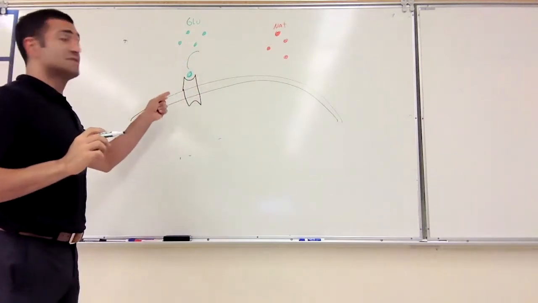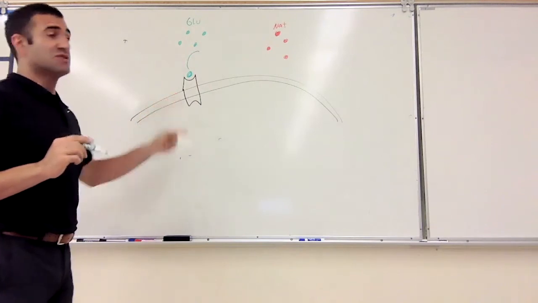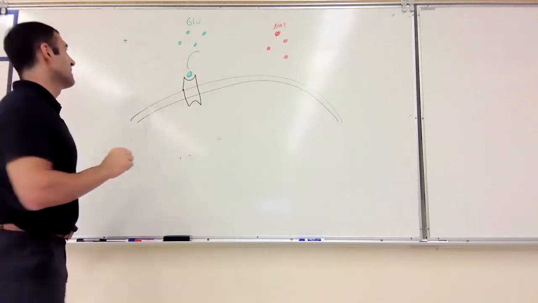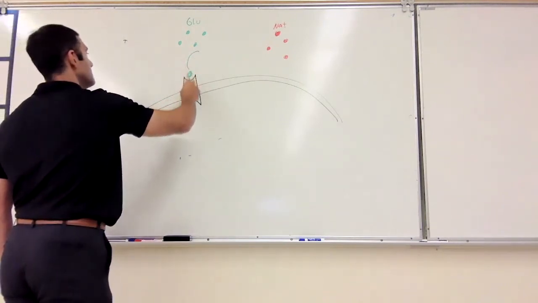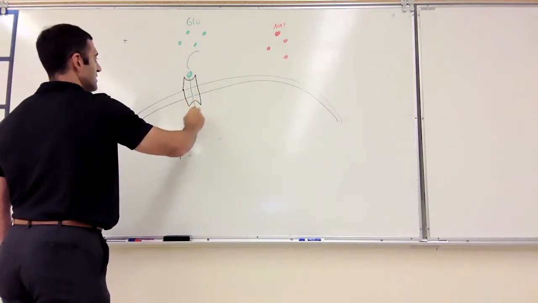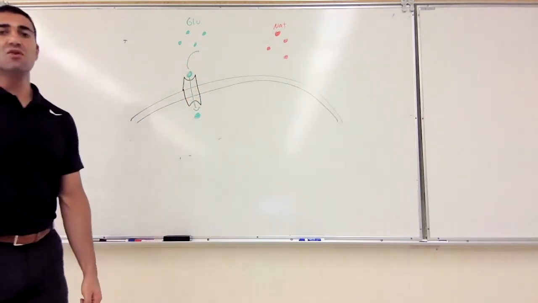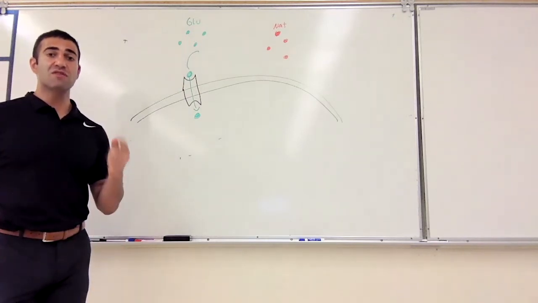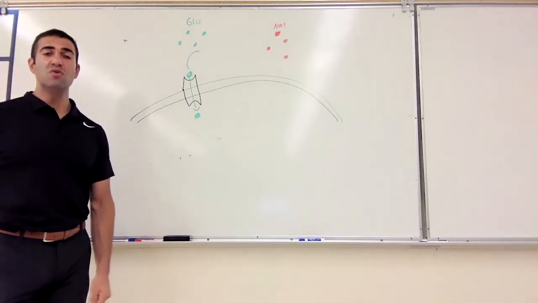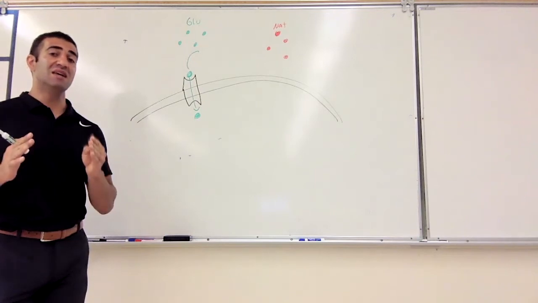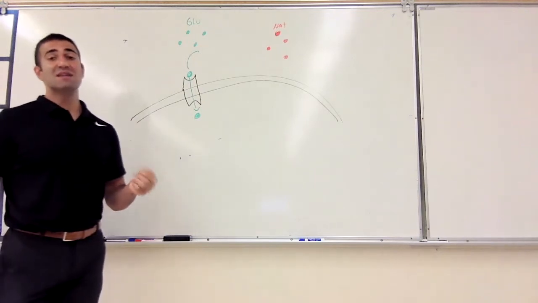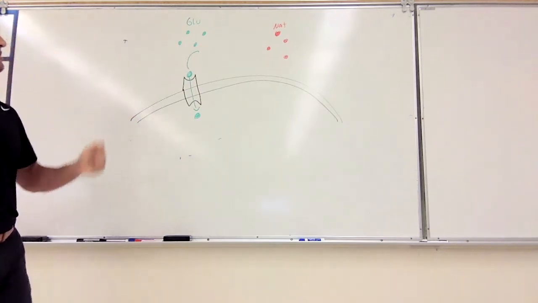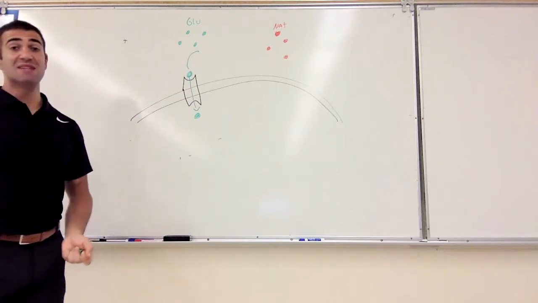In this case, this is a transport protein called a GLUT protein. And it's going to get it from one side to the other. Keep in mind, this is still an example of passive diffusion, meaning there's no energy involved. It's still going to move until it reaches equality, but it just needs to use this carrier protein instead of just traveling through.